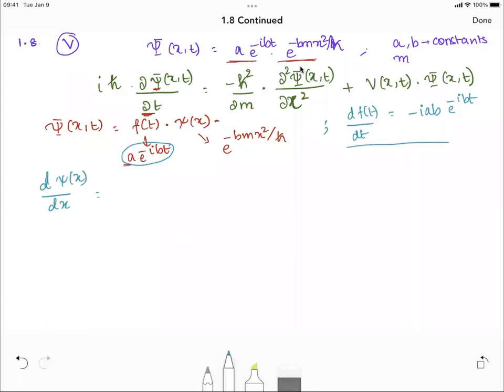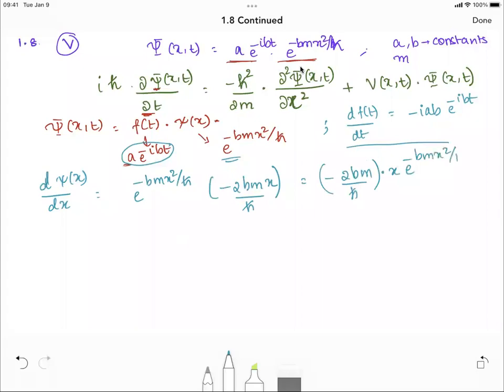The first derivative of this function would be the exponential times the derivative of what is in the power, right? And that would be this. So I can bring all the constants aside. So this is the first derivative.